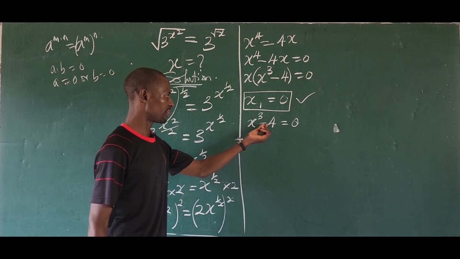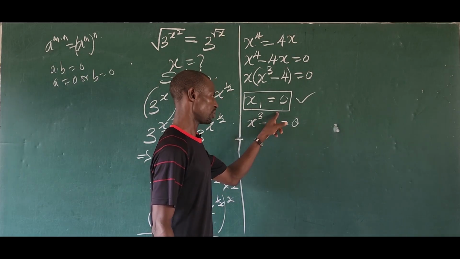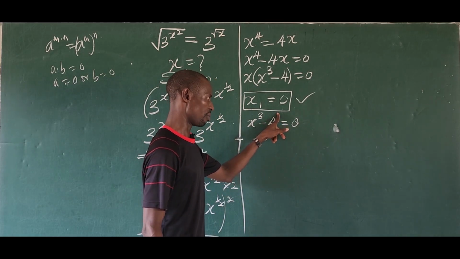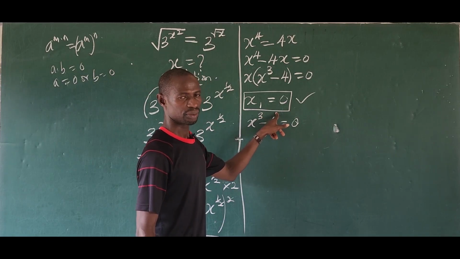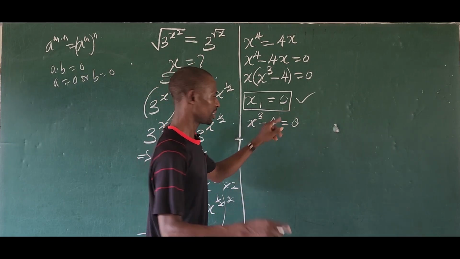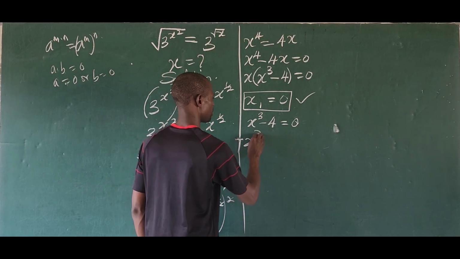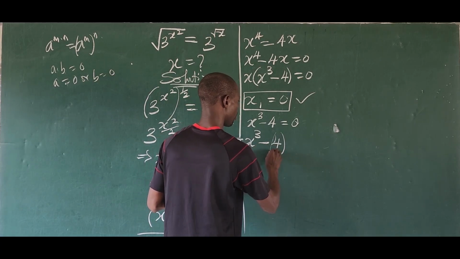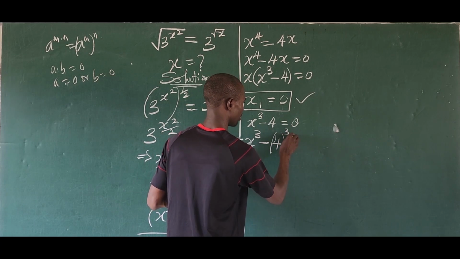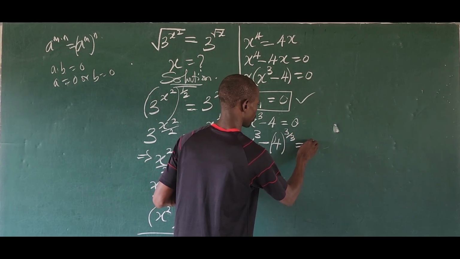We raise the power of this very guy here to the 1, although we have divisible 1 here. And so rewriting that one, we go to say 3 all over 3. So we're going to rewrite this as x to the power of 3 minus 4 to the power of 3 all over 3 equal to 0.